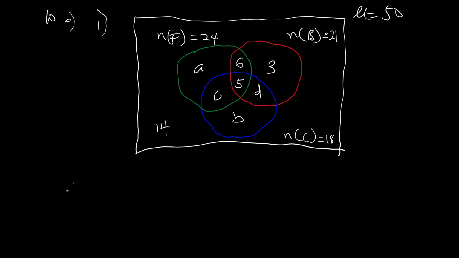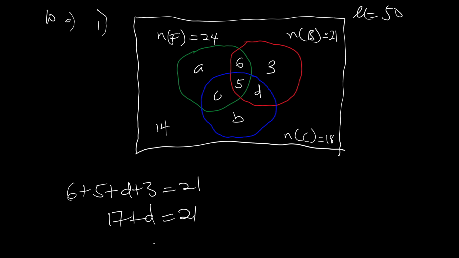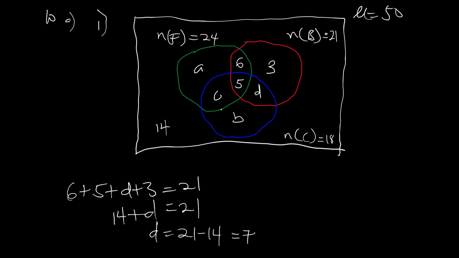So 6 plus 5 plus D plus 3 should be equal to 21. So 14 plus D is equal to 21, so D is equal to 21 minus 14, which is 7.